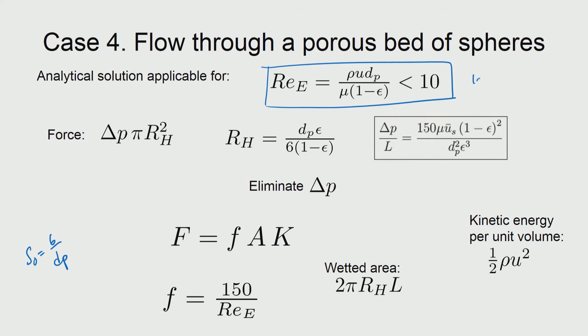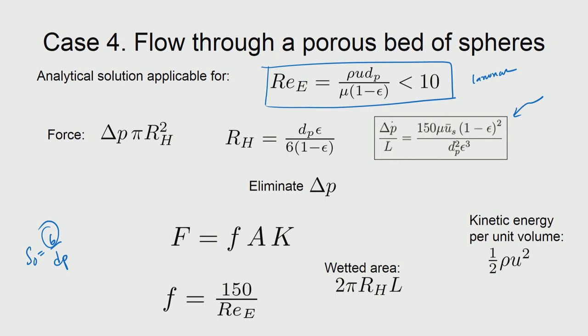For the laminar regime, within 10, you have an expression available. We have 4.2 in the Blake-Kozeny equation. We multiply with 36 because S naught comes in as a square, so 150 will come in there.